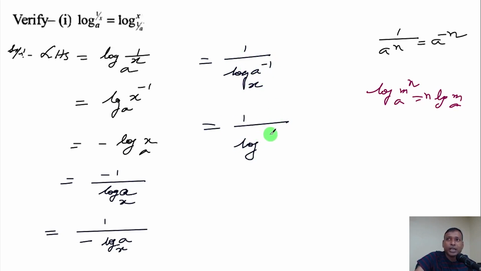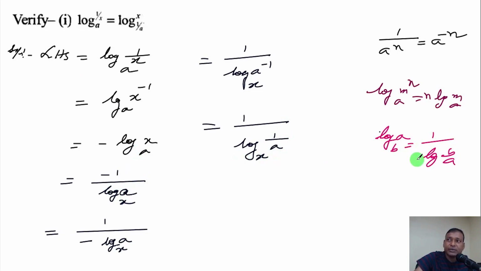Now a power minus 1 is written as 1 by a, and this is x. Now again I'll change the base using the base formula. As you know, here also we have used this formula, change of base, which is log a to the base b equals 1 by log b to the base a. Here I change the base. Here also I use this one.